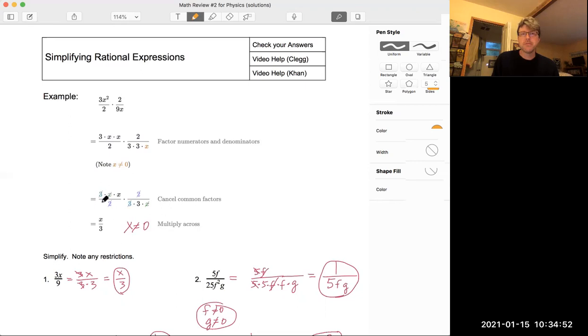That's it. And then the other thing that you need to notice is that any variable in the bottom cannot be 0. You can't have a 0 down here because dividing by 0 is a very bad thing and will make the universe end really quick. No, not really, but dividing by 0 doesn't really work in math. Just try it.